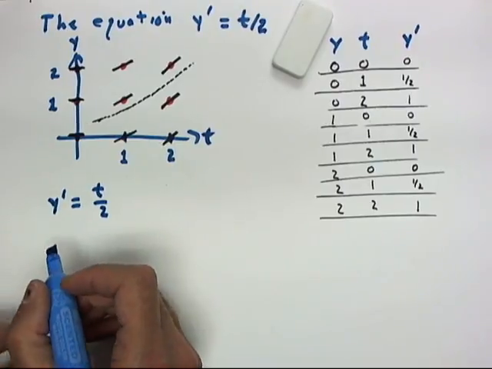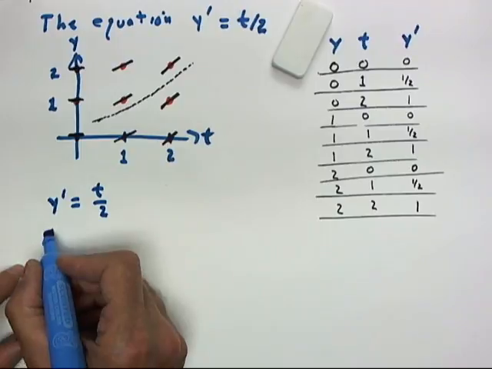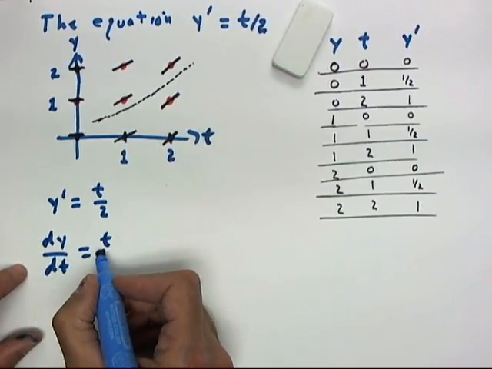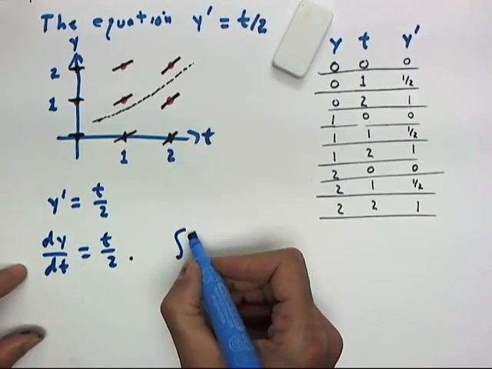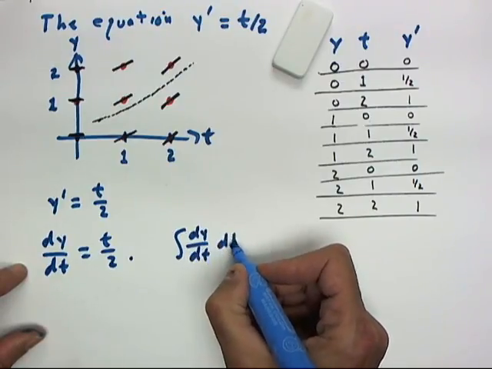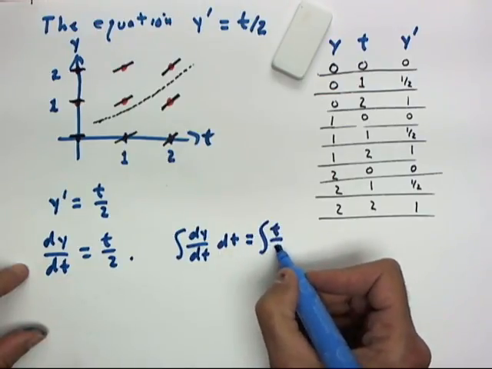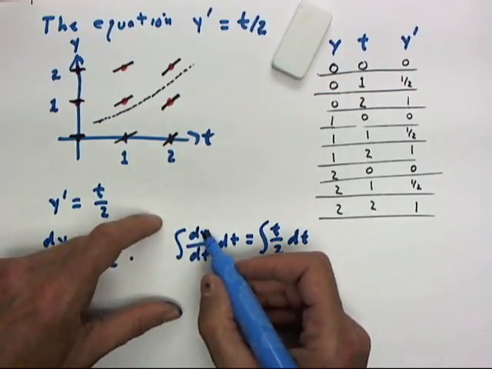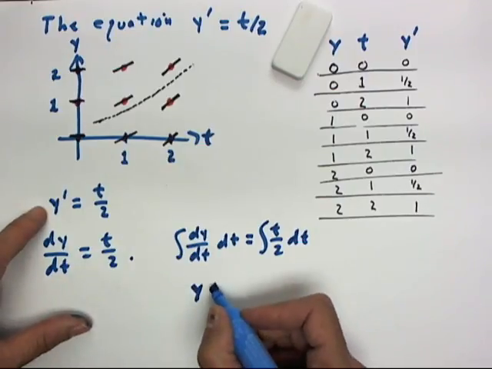Y prime equals t over 2 means that the derivative of y with respect to t is t over 2. Now, if we integrate dy dt with respect to t, and if over here we integrate t over 2 with respect to t, we find that the integral of dy dt with respect to t is just our function y.